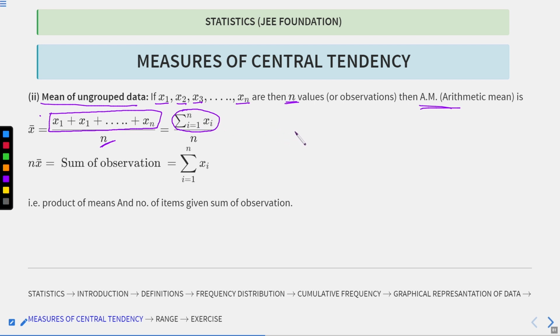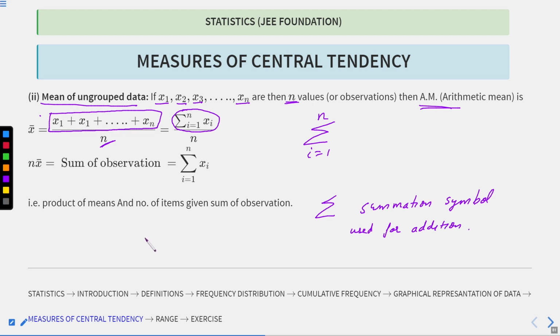Let me explain what we mean by this symbol. First of all, this is not sigma, it is my summation symbol, and this is used for addition or sum.